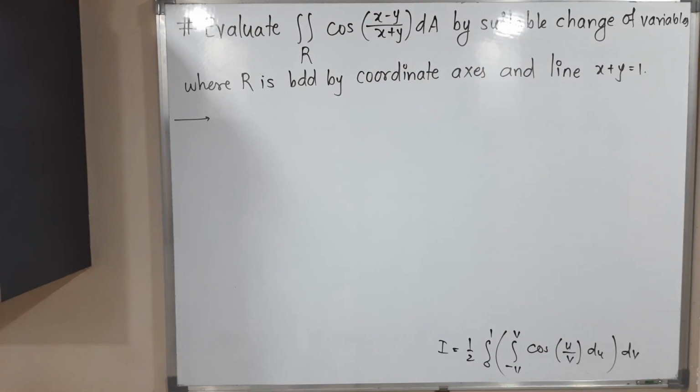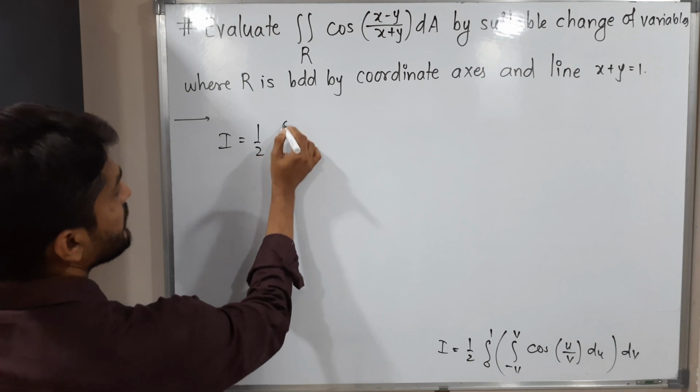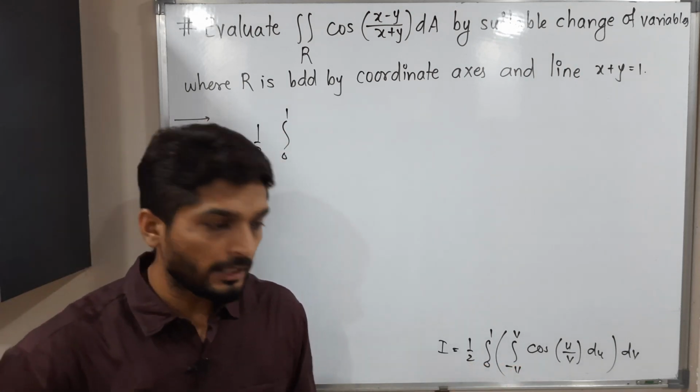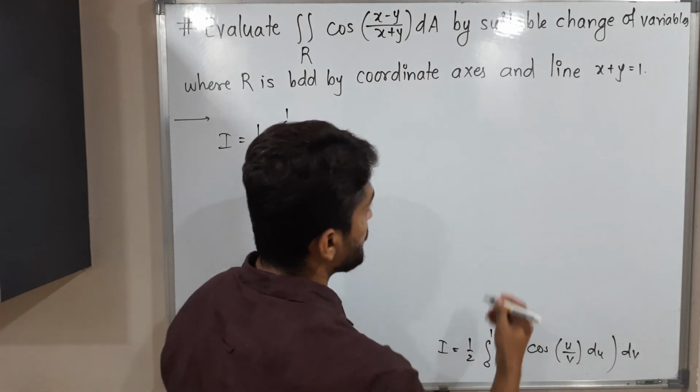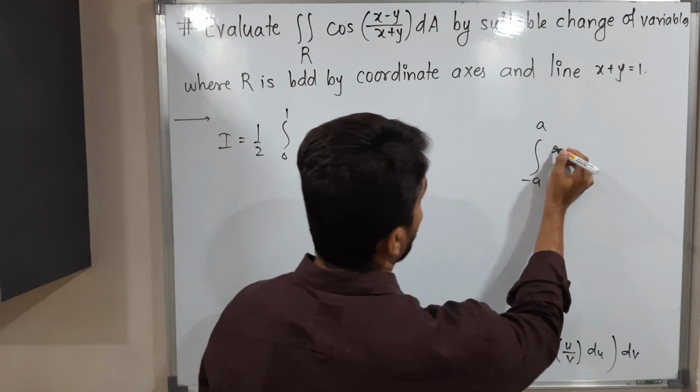So let us solve this integral further. I is equal to half, 0 to 1. Did you notice one thing? The limits are minus v to v. There is one popular result when you have limits like this, minus a to a, f.